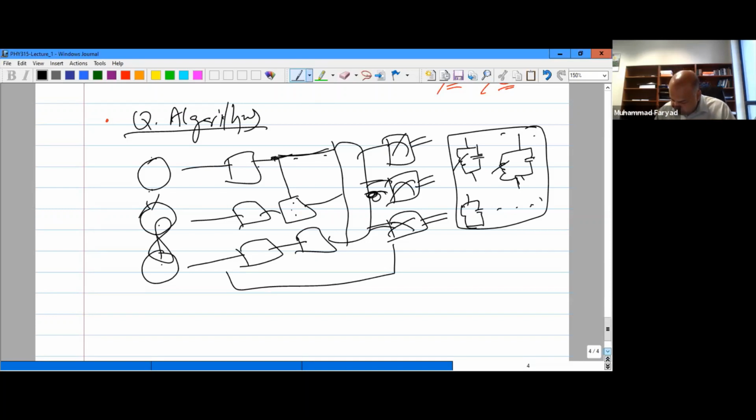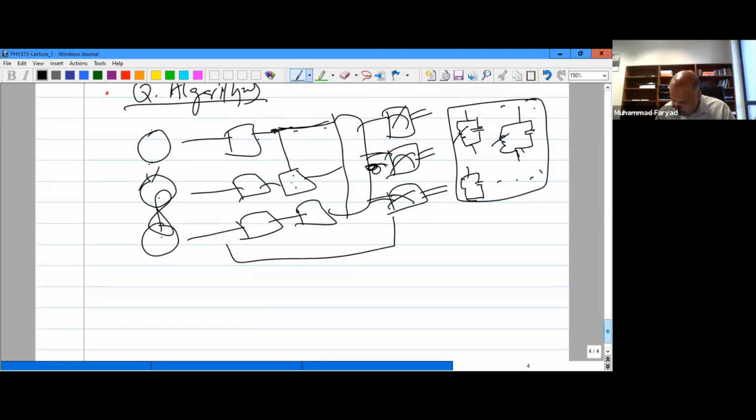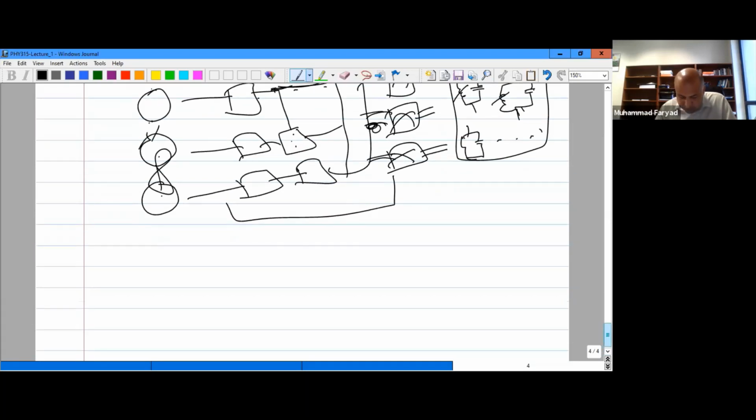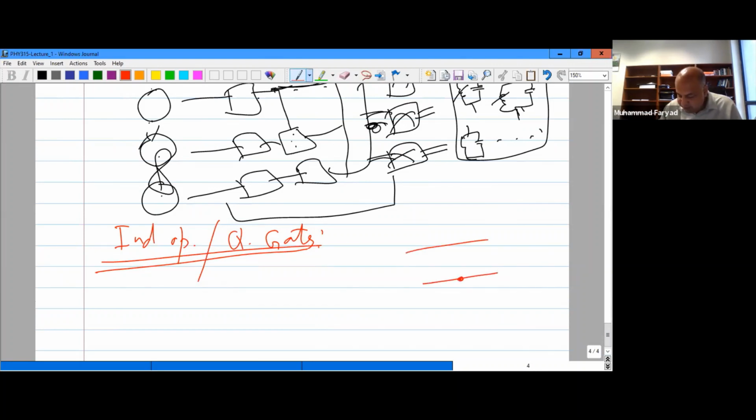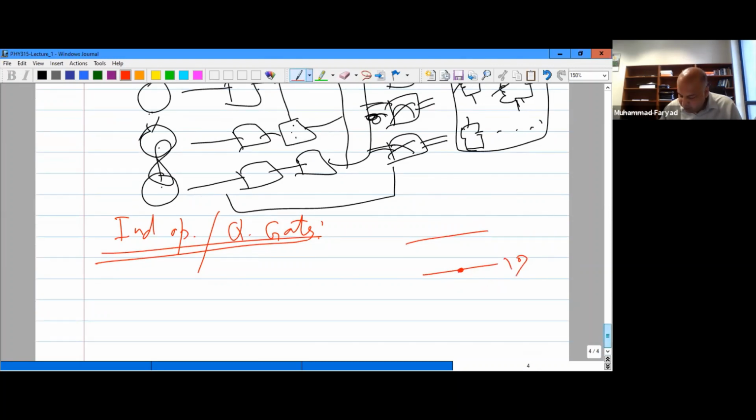Okay, so when we talk about these individual operations, these individual operations are these quantum gates. They can be something like this. For example, your system is present in this 0 level, and you do some operation on it, and it is transformed in a certain way so that your system goes to state 1.